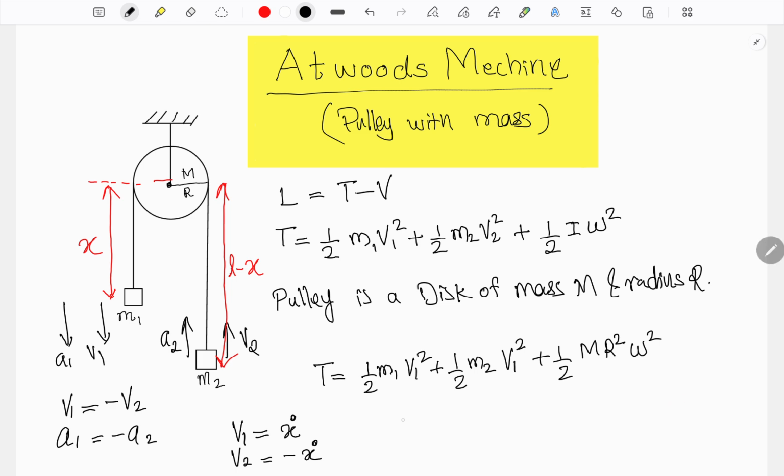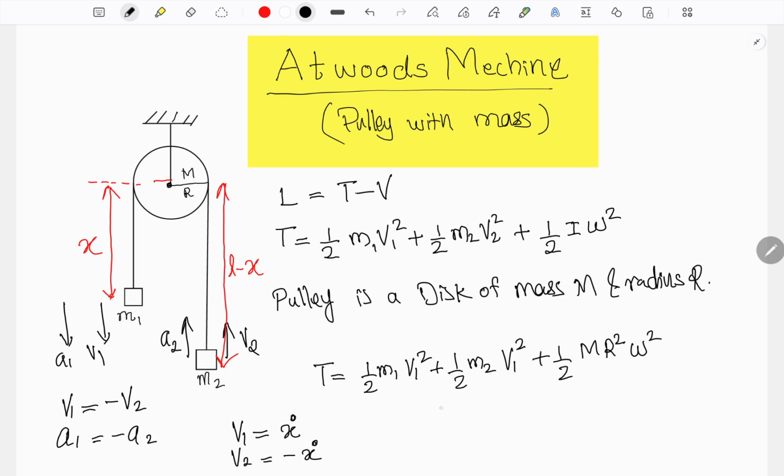So we know omega is the angular velocity of the pulley, and because the pulley is rotating, and if we assume that the rope or the string is not sliding over the pulley, then the rotation of the pulley along with the string will be a rotation without slipping or sliding.